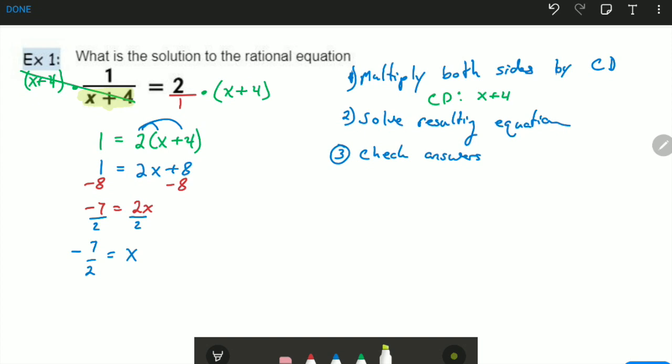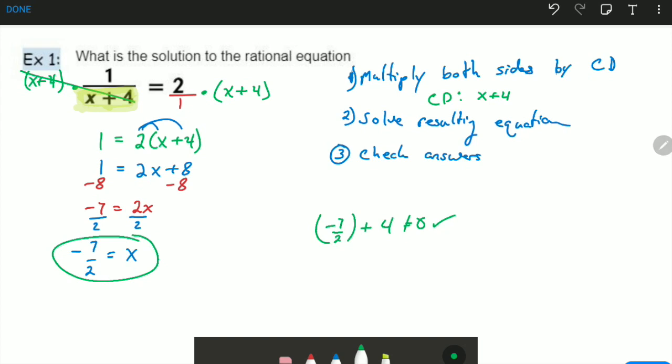If your answers would make the bottom of the fraction 0, that causes a major issue because, as you might know, the bottom of a fraction cannot contain 0. So if we were to plug negative 7/2 into the bottom of this fraction, negative 7/2 plus 4 is not 0, so we are good, and negative 7/2 is indeed the answer.